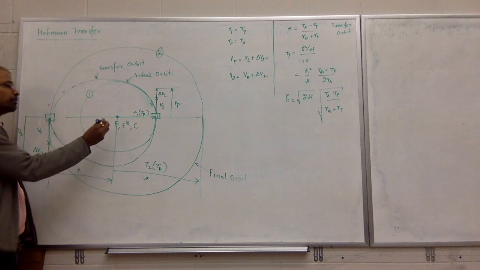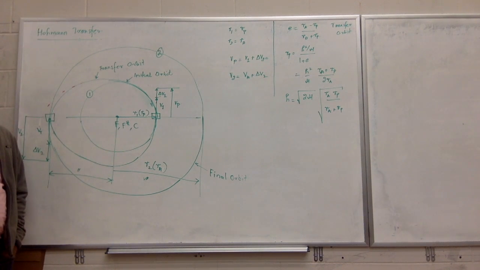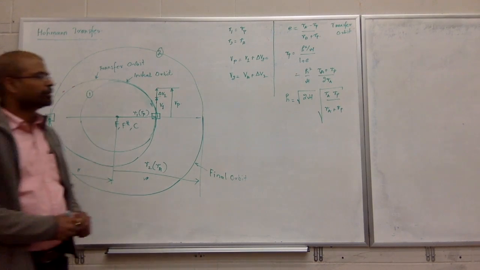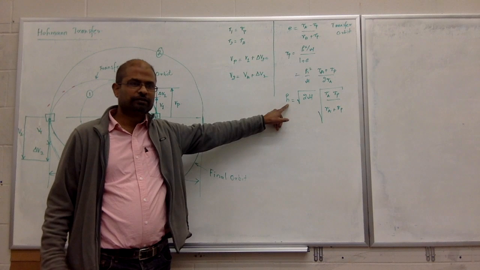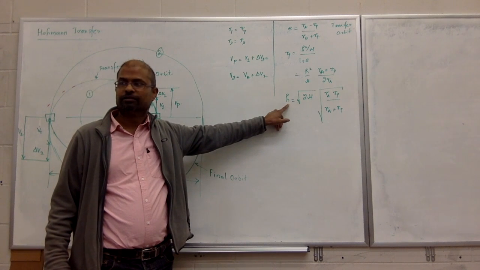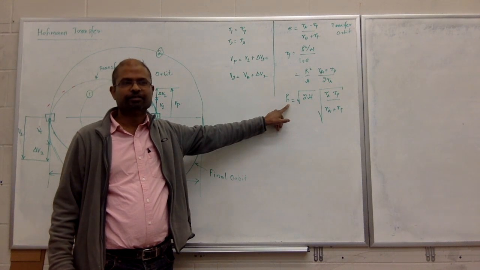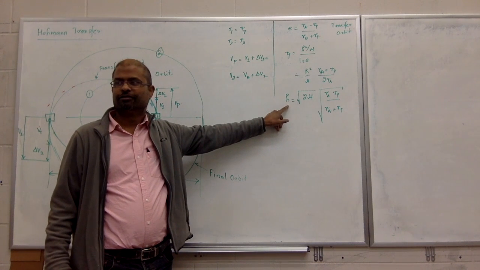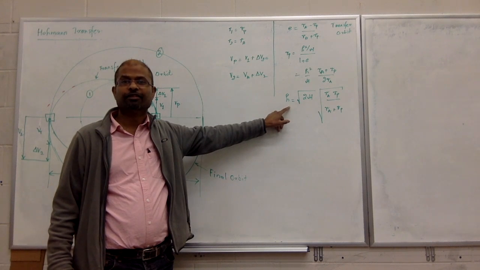So of H1, HT and H2, which will come out the largest? H2. You got it? This H is specifically HT, the H of the transfer orbit.